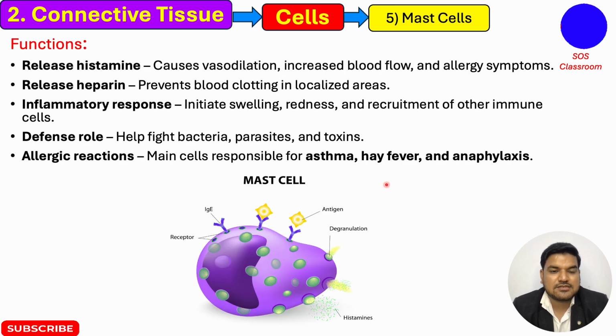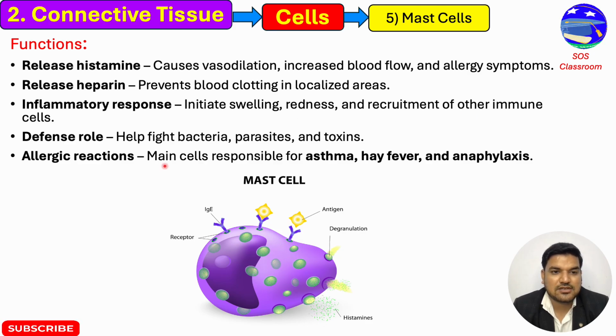So what are the functions of the mast cells? We already discussed the release of histamines, and histamines are helpful for vasodilation, increased blood flow, allergy symptoms, and inflammations. Release of heparin is helpful to prevent blood clotting in localized areas. If a localized area has bleeding, then it will prevent blood clotting. Next is the inflammatory responses, meaning swelling, redness, and recruitment of other immune cells.